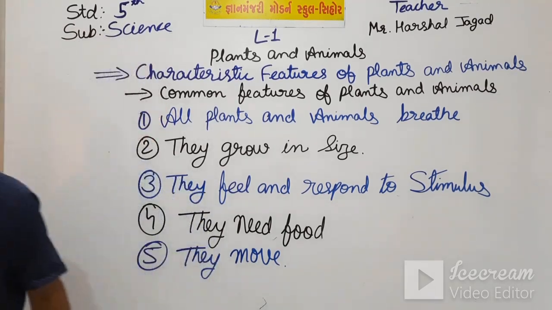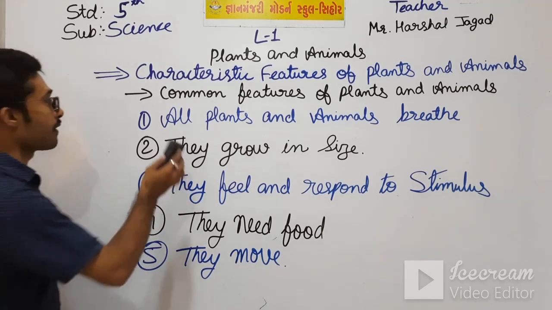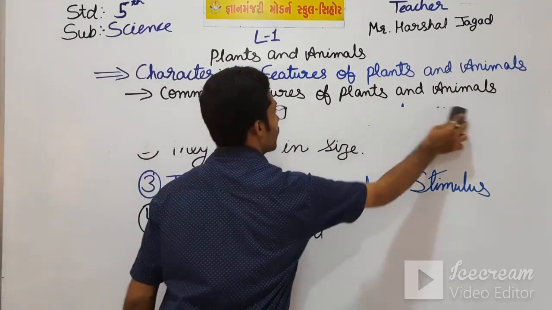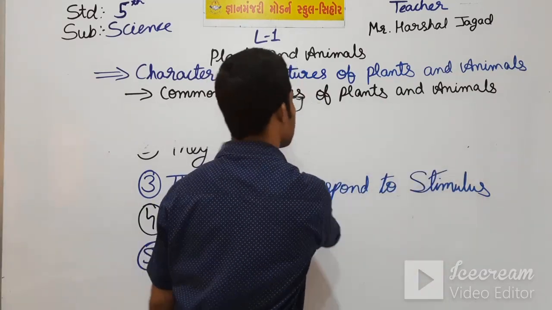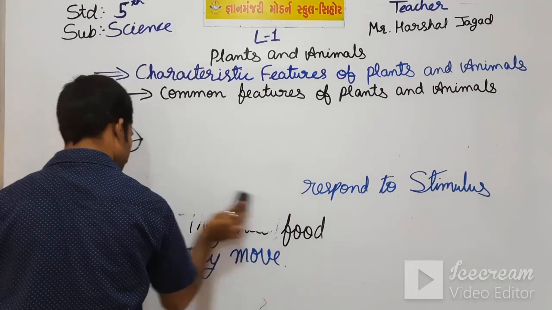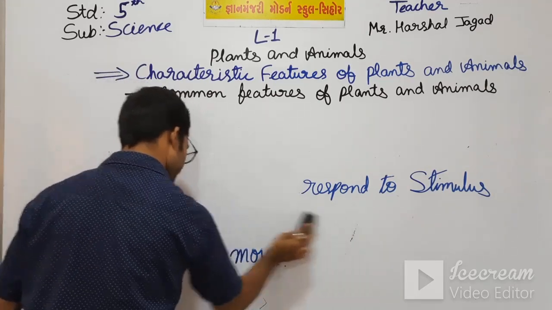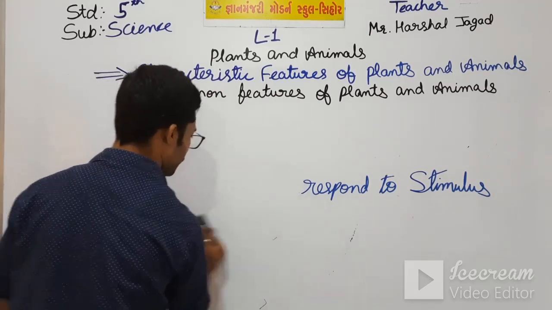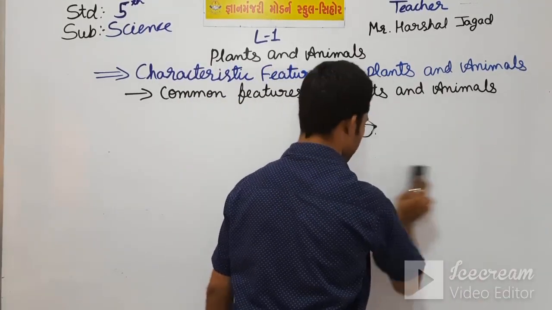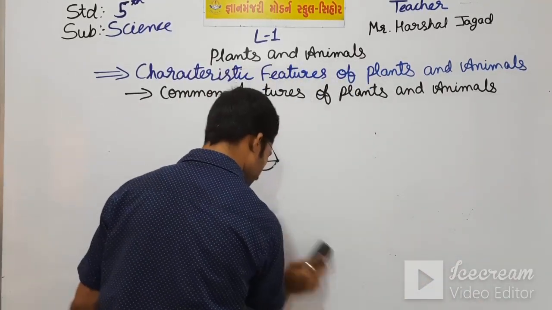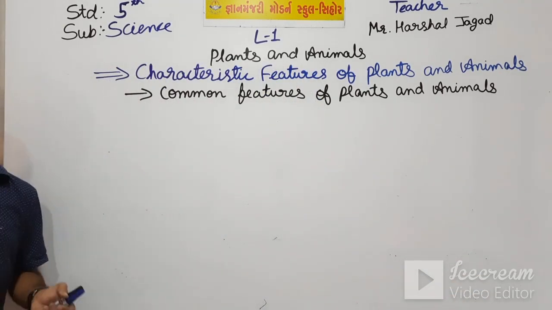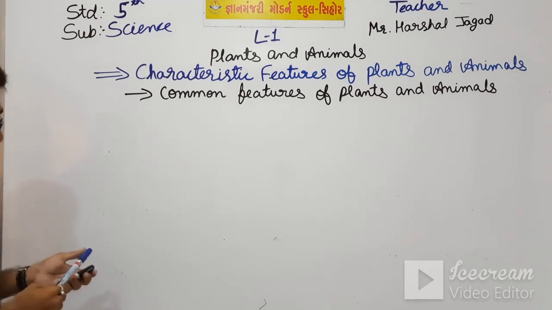So next one is they produce young ones of their own kind.